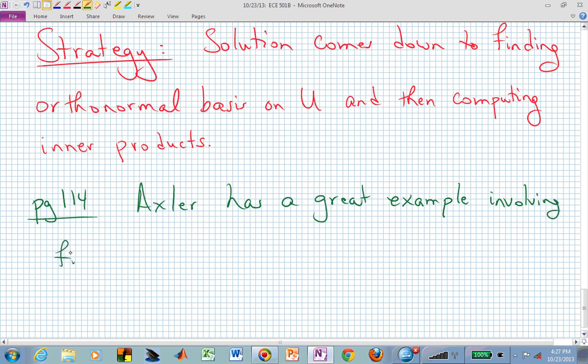involving finding a polynomial approximation to sine of x.